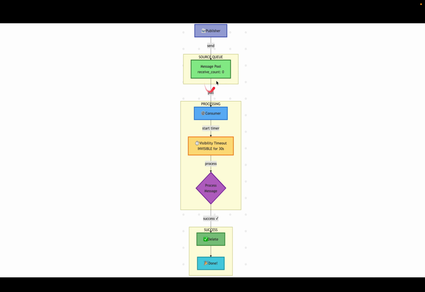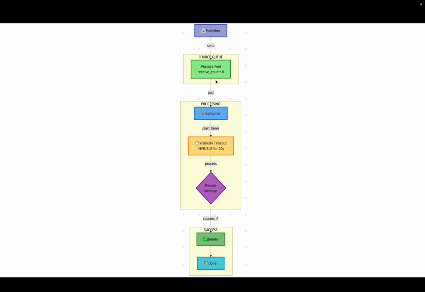The time for which this message remains invisible to other consumers is called the visibility timeout. Here you can see this timeout is set to around 30 seconds. That is, after 30 seconds other consumers would be able to see this message, if at all this message is present.